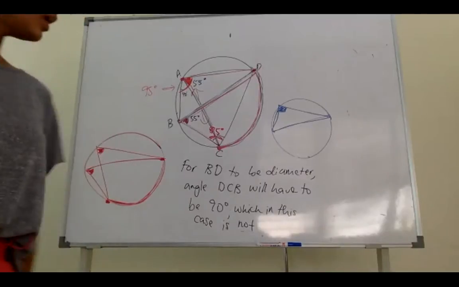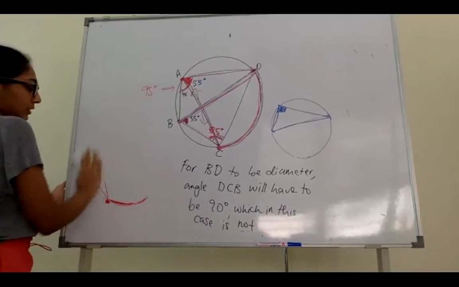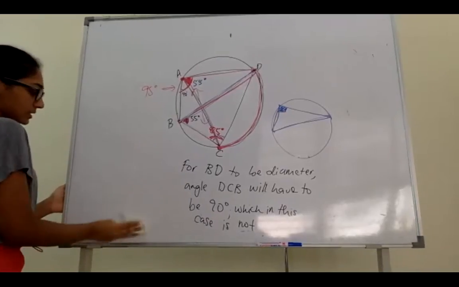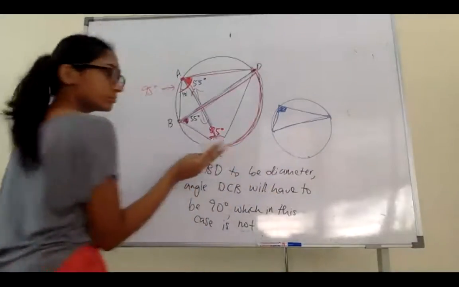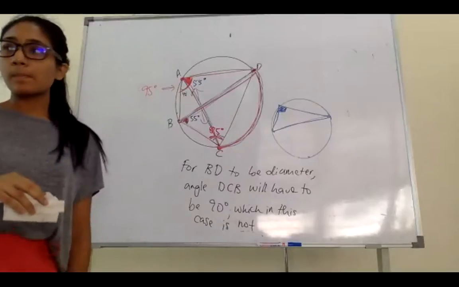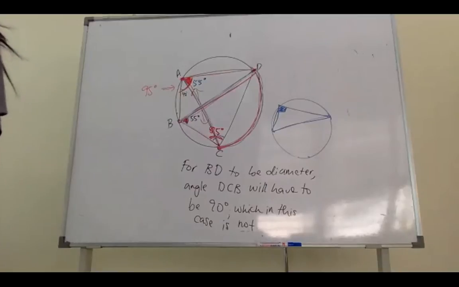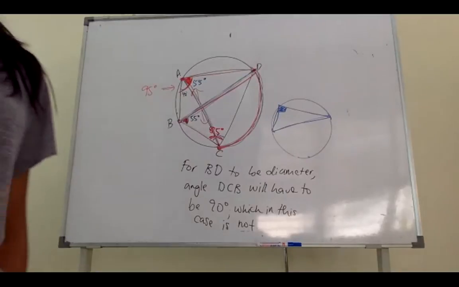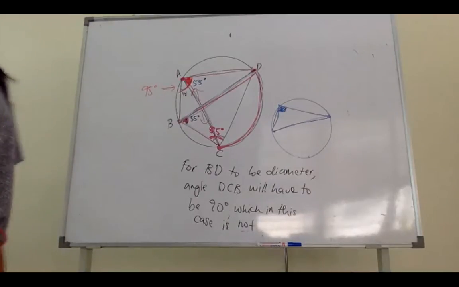Okay, all okay? How many cyclic quadrilateral questions did I give you? How many questions did you all get? There should be numbers to each question. 6, 6 in total.